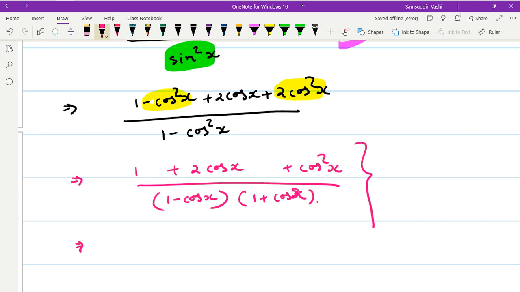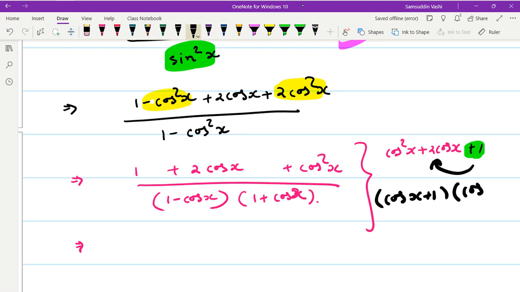So if I arrange this in this format, cos squared x plus 2 cos x plus 1. How did we do that trinomial? Factor the last and get the 1. What are the factors of last? 1 and 1. Isn't it? Will it give me 2? So my answer is cos x plus 1 and again cos x plus 1.